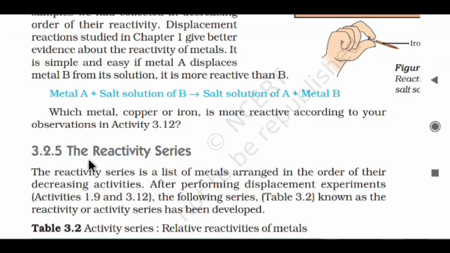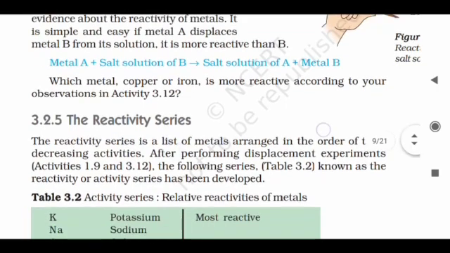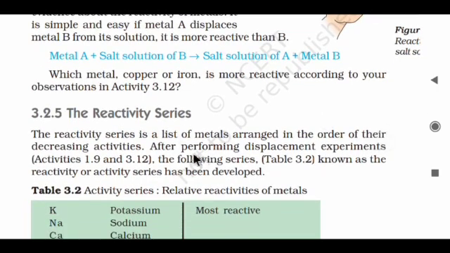3.2.5, the reactivity series. How can we arrange this series and make this list? Let's see. The reactivity series is a list of metals arranged in the order of their decreasing reactivities. After performing displacement experiments in activities 1.9 and 3.12, the following series, known as the reactivity or activity series, has been developed.